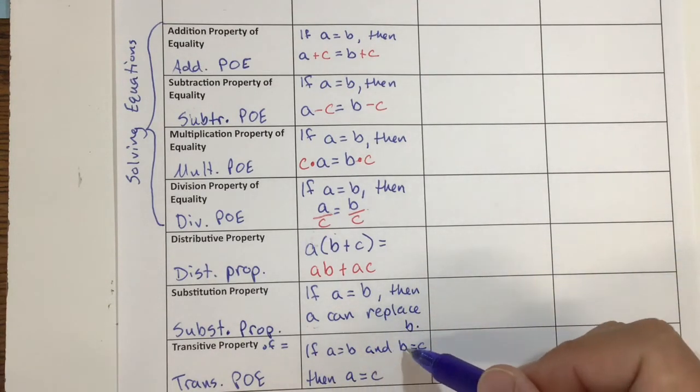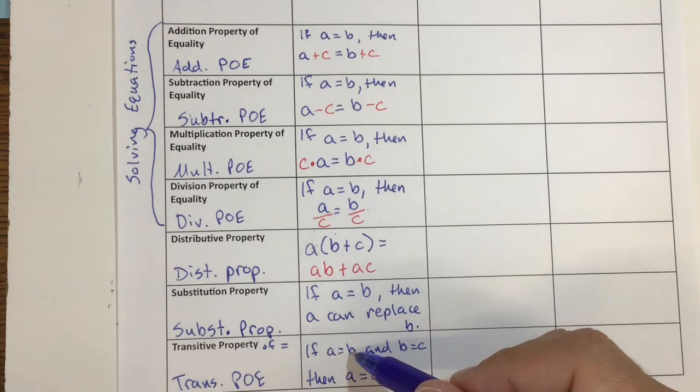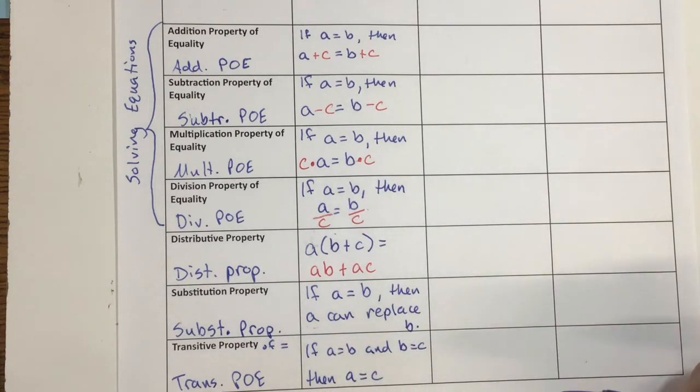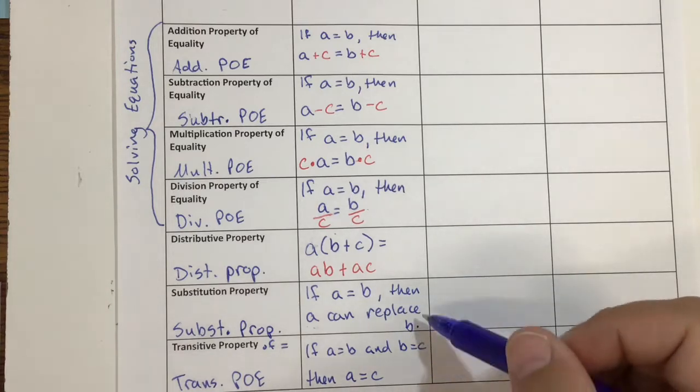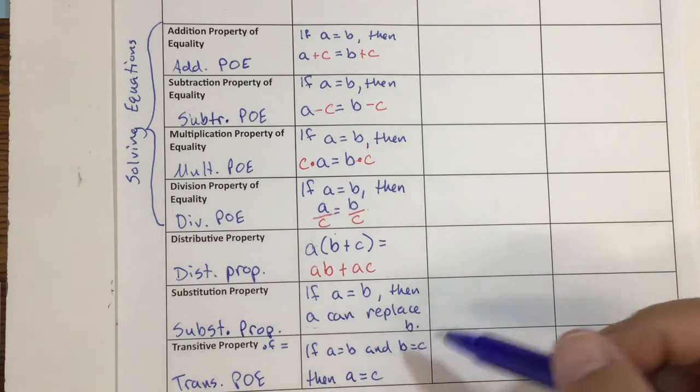Okay, I could just replace B with A since they're equal and get that. Okay, these are very similar to each other, and there's different times when you can use them interchangeably and other times you can't, and so we'll talk about that more later.